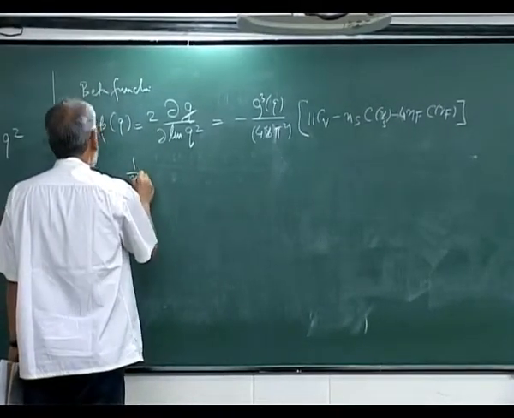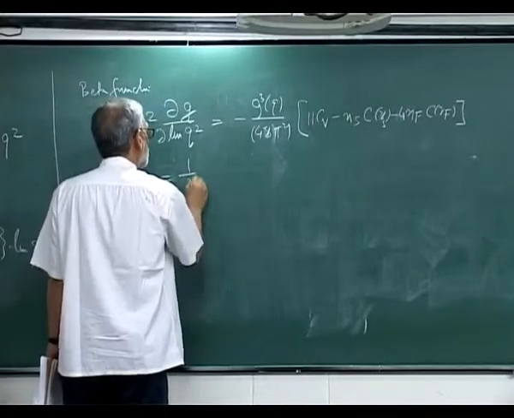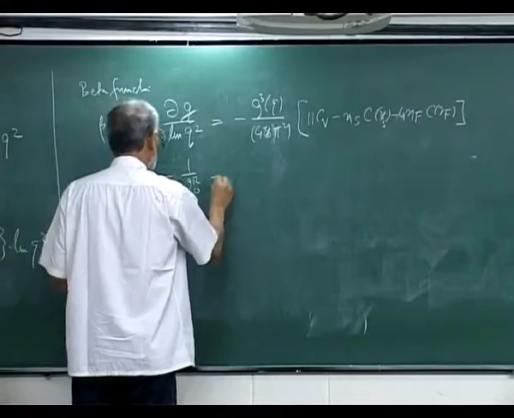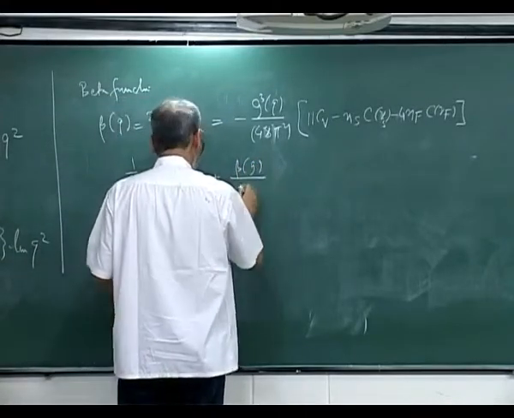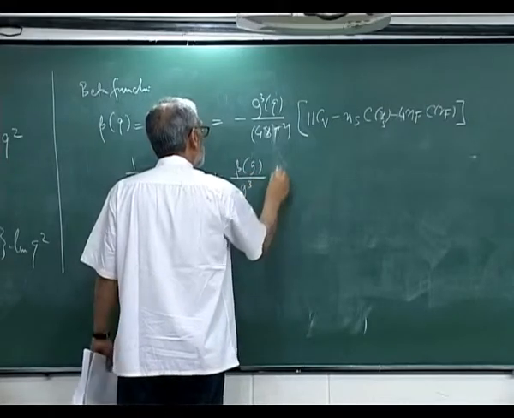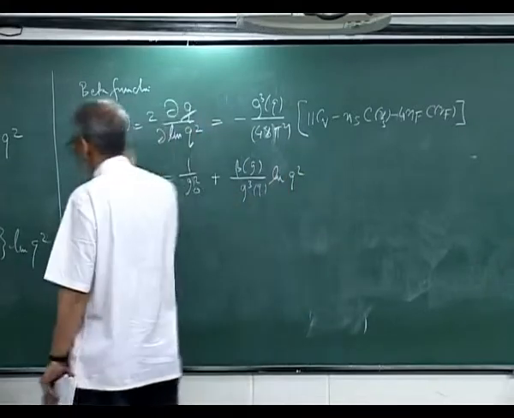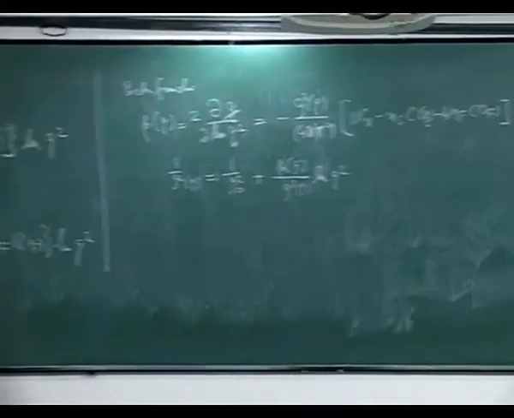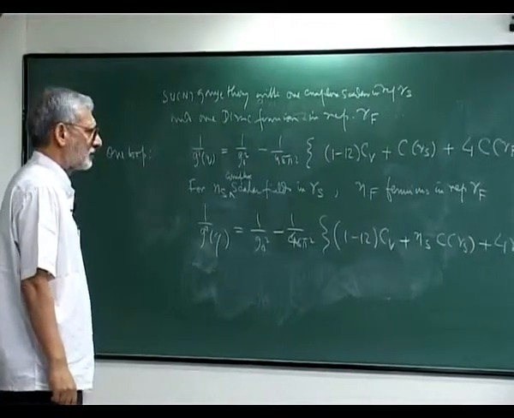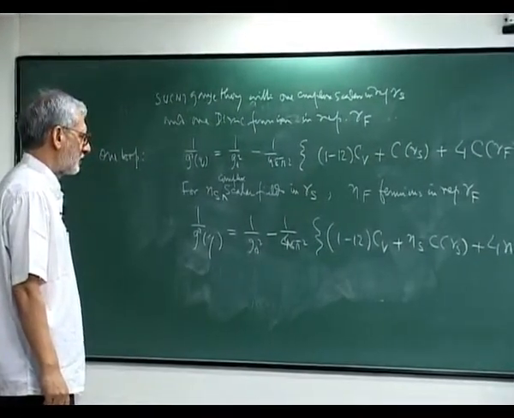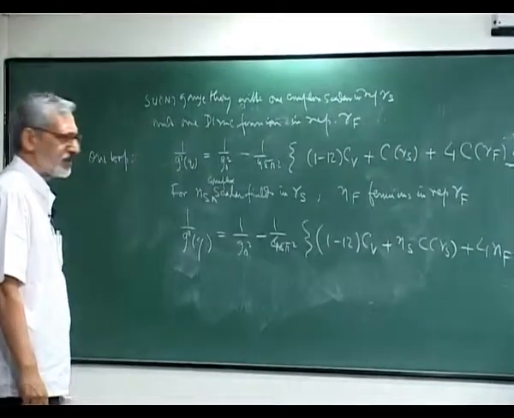I could also write g square of q as g square 0 plus beta of g divided by g of q, log q square. Just use this in here. Do I have the sign right? I think I have the sign wrong, right?